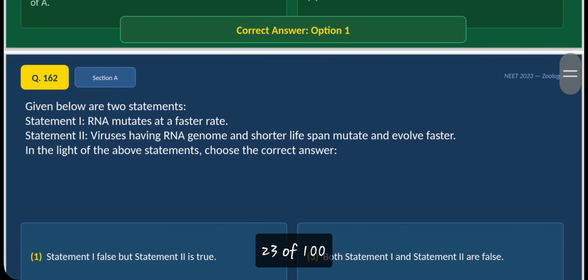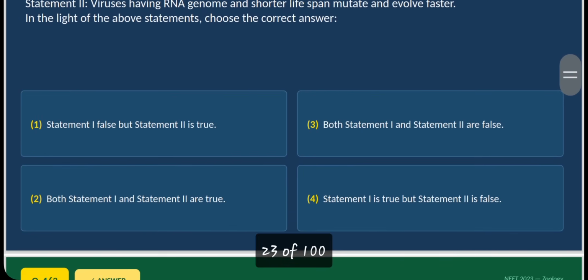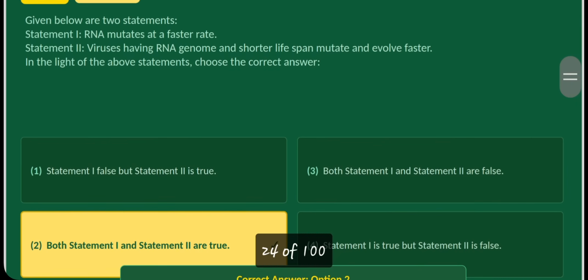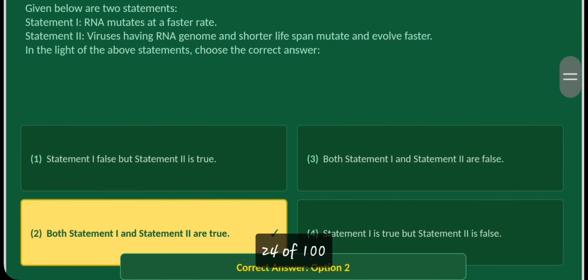Given below are two statements. Statement 1: RNA mutates at a faster rate. Statement 2: viruses have RNA genome and shorter lifespan, mutate and evolve faster. In the light of the above statements, choose the correct answer. You have to see which is the correct statement and wrong statement. Both statement 1 and statement 2 are true. RNA is highly unstable, you know that.